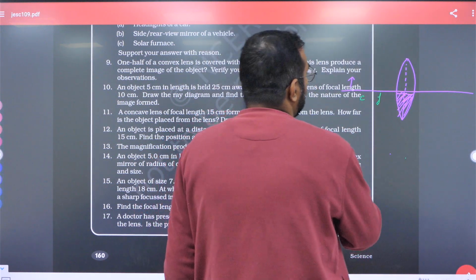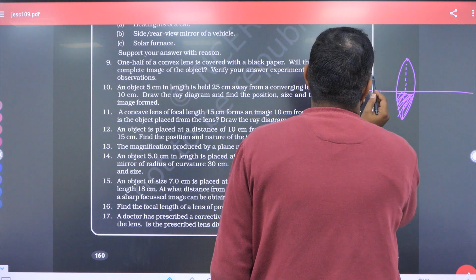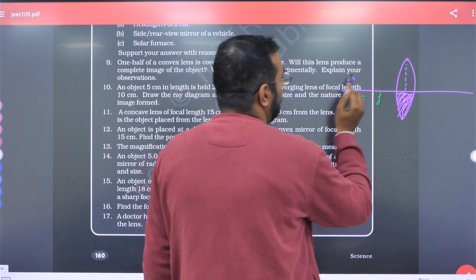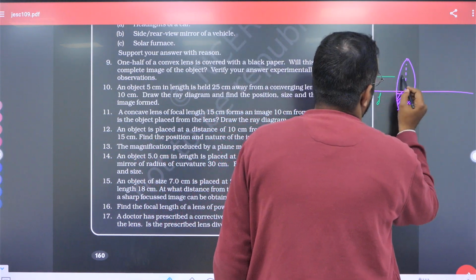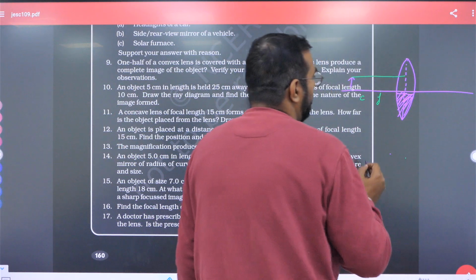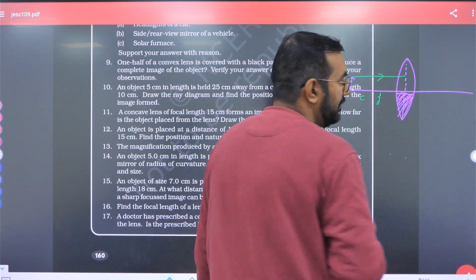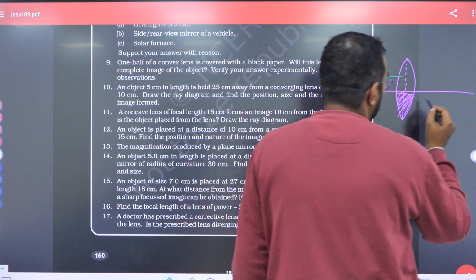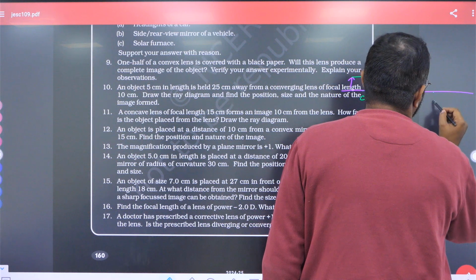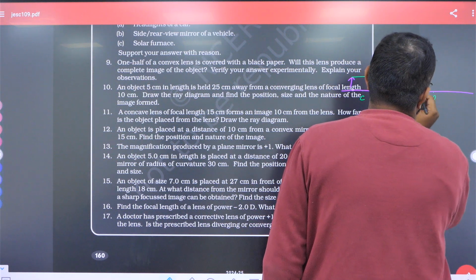You can see that if the object is at infinity, a parallel beam will go to the focus, right?